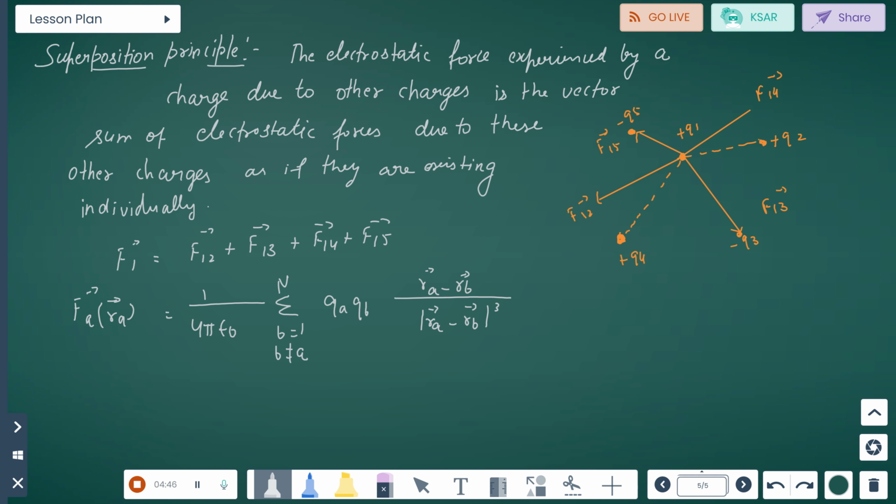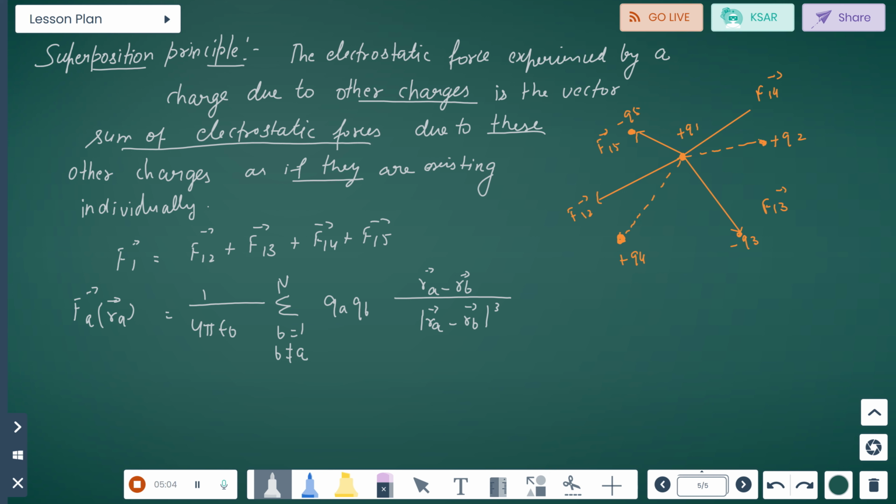Now superposition principle. In superposition principle, the electrostatic force experienced by a charge due to other charges is the vector sum of electrostatic forces due to these other charges as if they are existing individually.